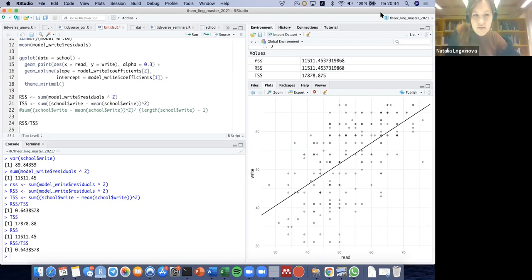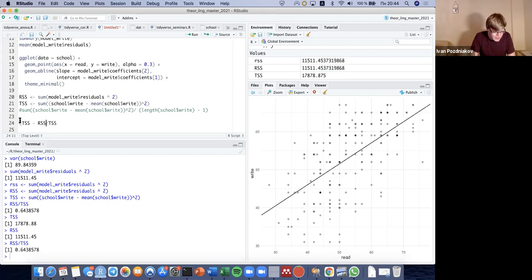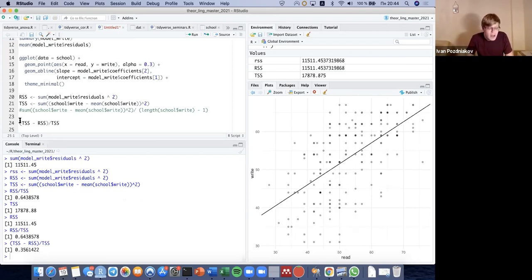We just subtract what we obtained from TSS: TSS minus RSS divided by TSS, or just 1 minus RSS divided by TSS.